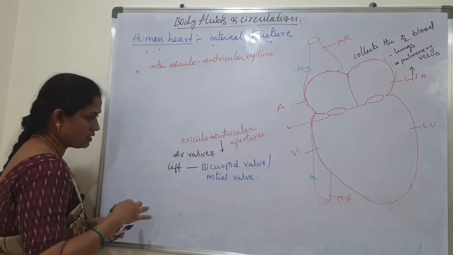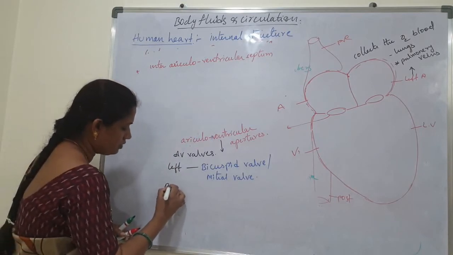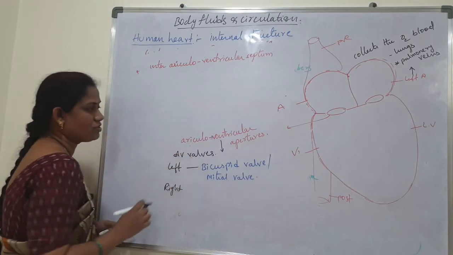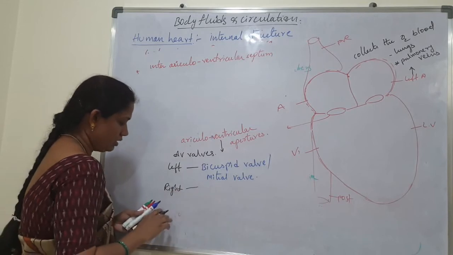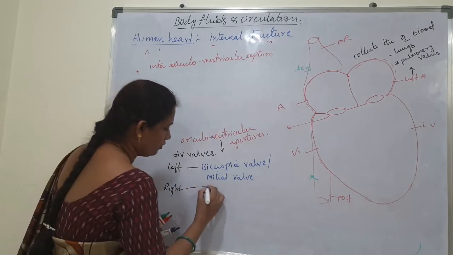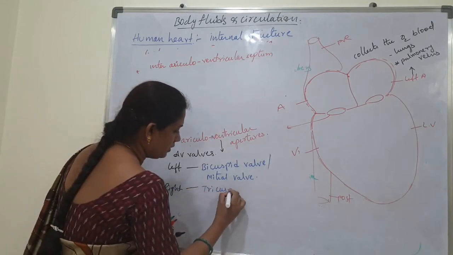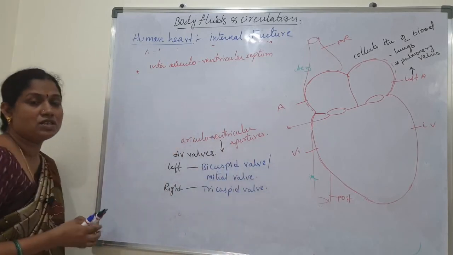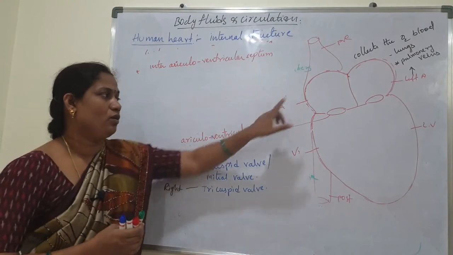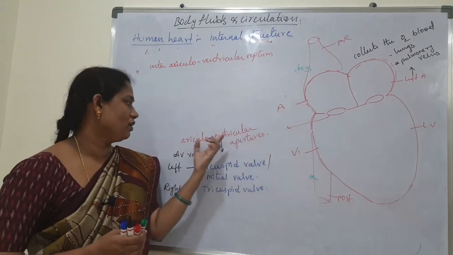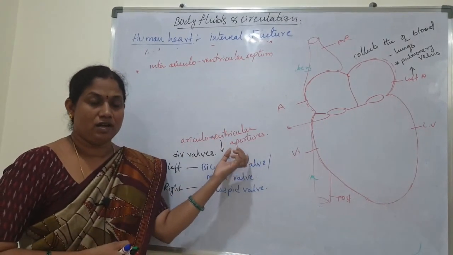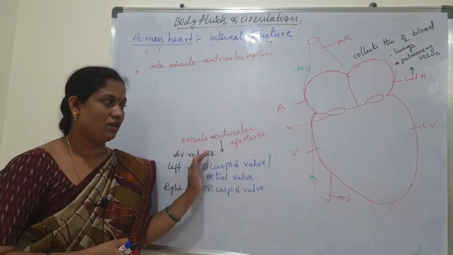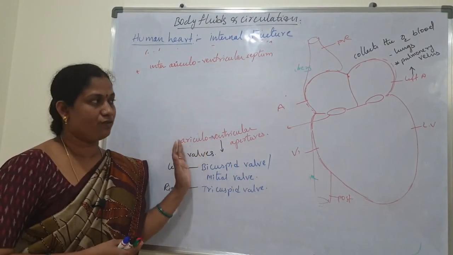Okay, the right auriculoventricular aperture is guarded by the tricuspid valve. So these valves control the opening and closing of the auriculoventricular apertures. Okay, so this is about the structure of atria.